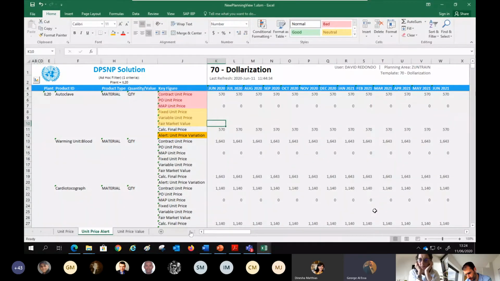Should I plan for it, or should the other missions plan for me? This is the first question. And in addition, since I can adjust and amend those fields of the fixed unit price, variable unit price, and the fair market value, should I insert the historical data manually for the fuel, for example? This is my question. Thank you.